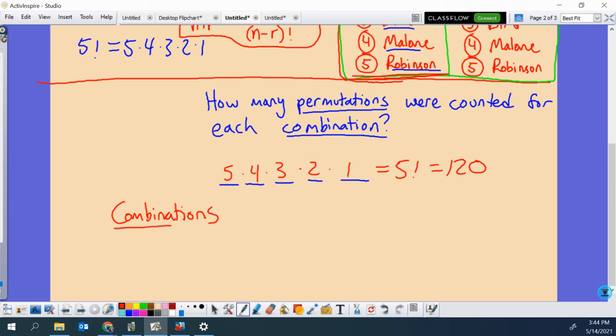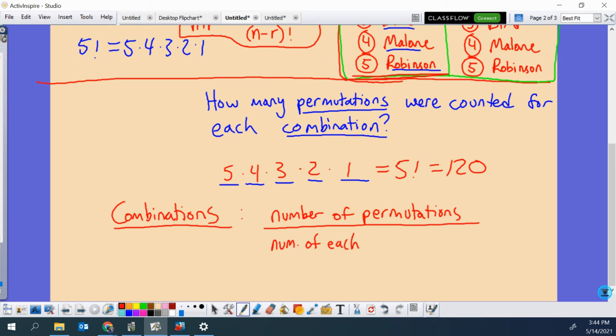So what we're going to do is take the number of permutations divided by the number of permutations for each group, the number of permutations for each combination.